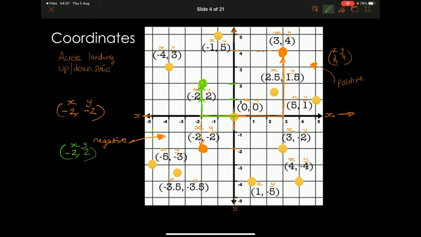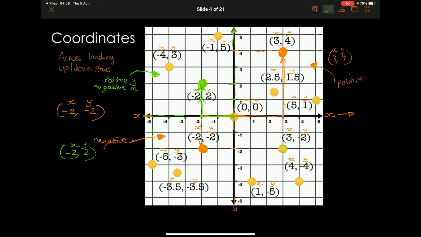Now you will notice that in this quadrant, we have positive y coordinates, but negative x coordinates. That's because you're going up the y-axis, but going backwards along the x-axis, so you have negative x coordinates. You don't really have to remember these, I'm just explaining it so that when you come to plotting coordinates you find it easier.